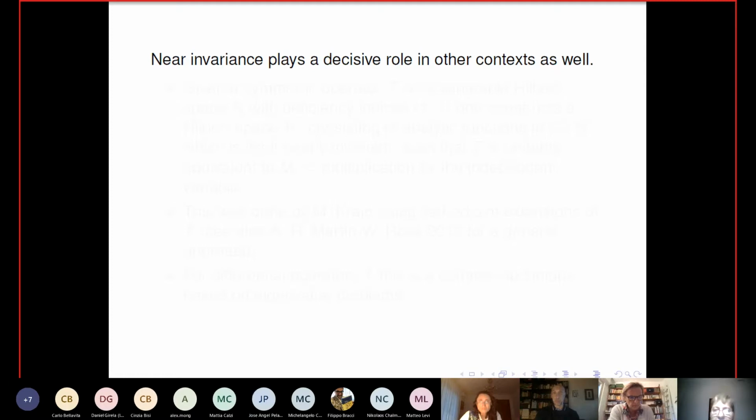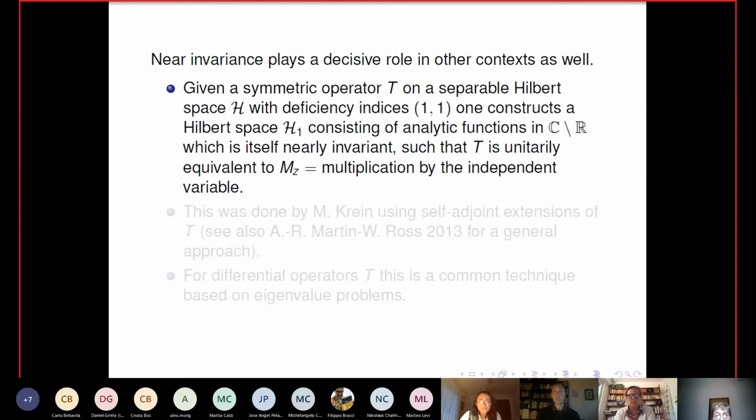Now, this near invariance, you meet it all over the place when you do analysis in one complex variable, because dividing out zeros is a basic property. In several variables we don't have that, or it is much more difficult. But here's an example when you study symmetric operators, like Schrödinger operators. Let's say you have deficiency indices 1, 1.